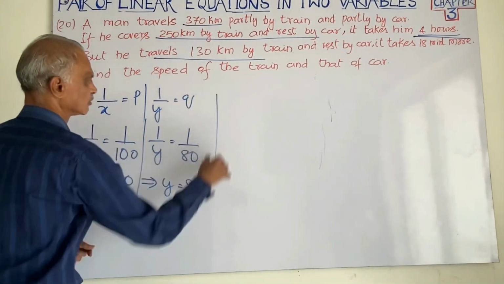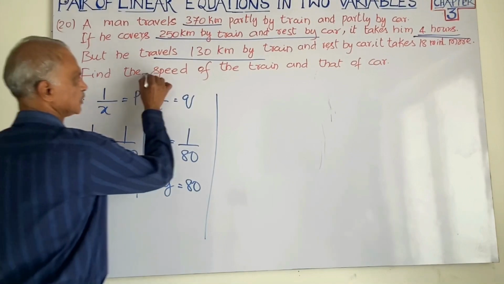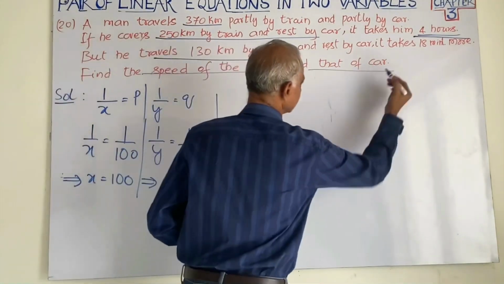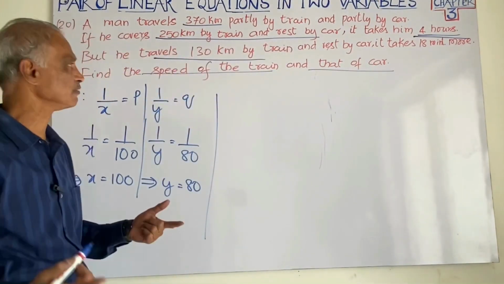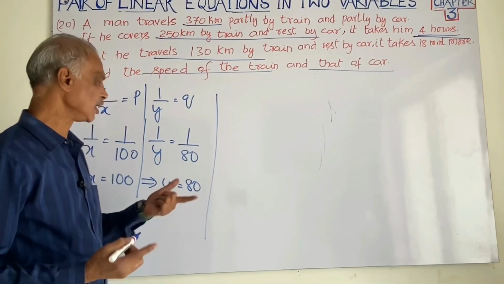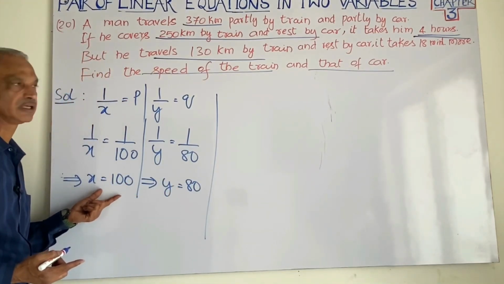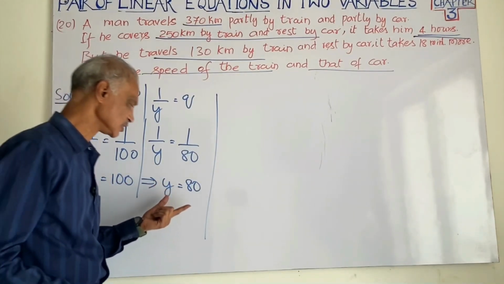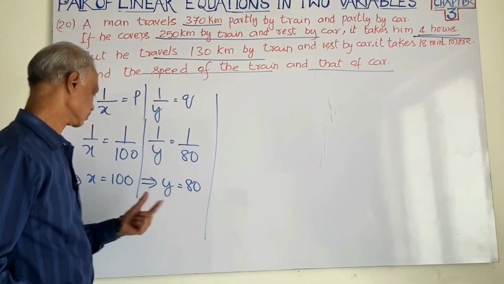Now you can write what we have to find out: the speed of the train and the speed of the car individually. If he travels by train, what is the speed of the train? If he travels by car, what is the speed of the car?